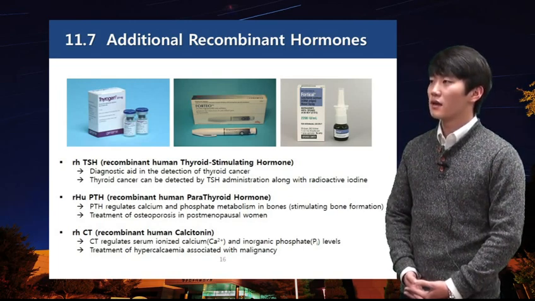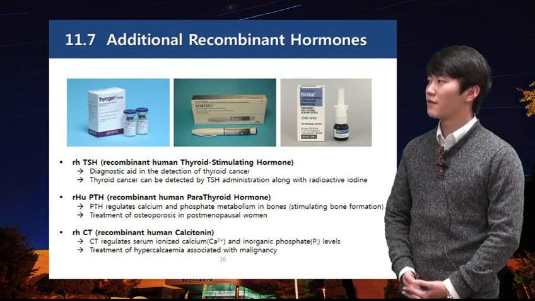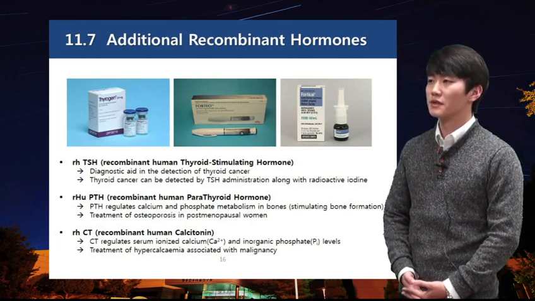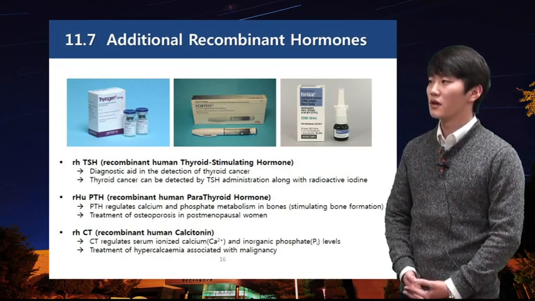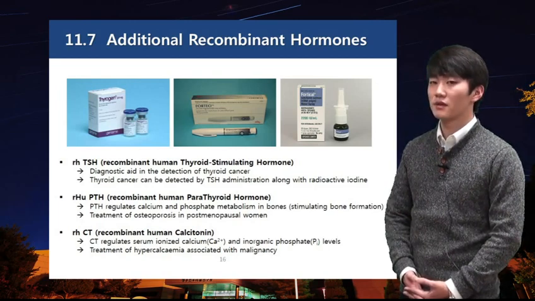On the other hand, parathyroid hormones function as a primary regulator of calcium and phosphate metabolism in bones. It is produced in E. coli and purified and presented as a sterile solution. So the commercial product, Forteo, has been approved for the treatment of osteoporosis in postmenopausal women.